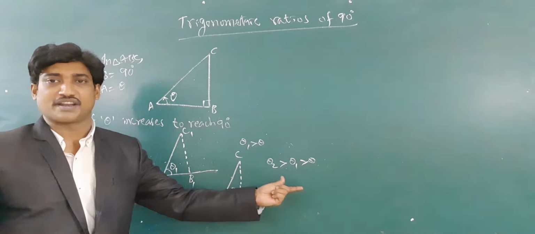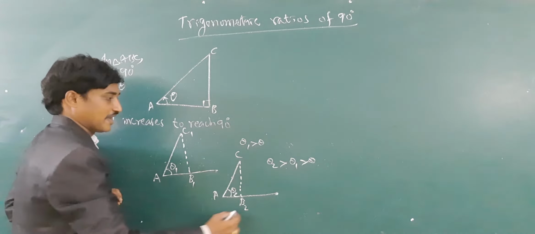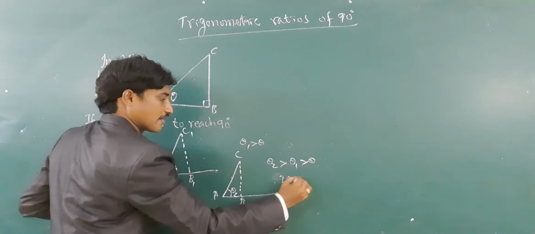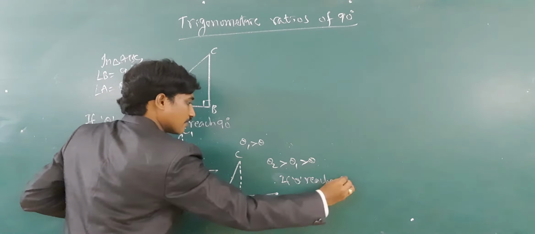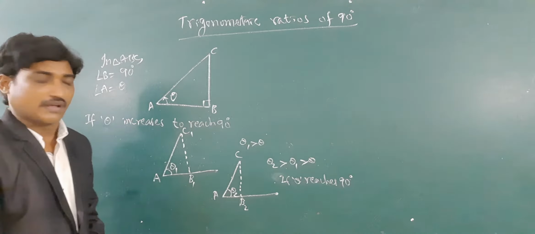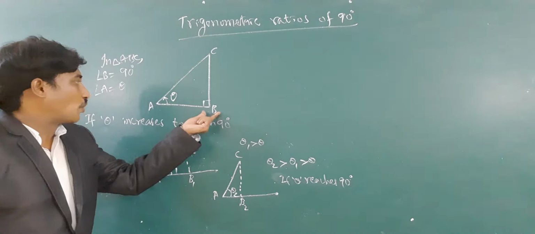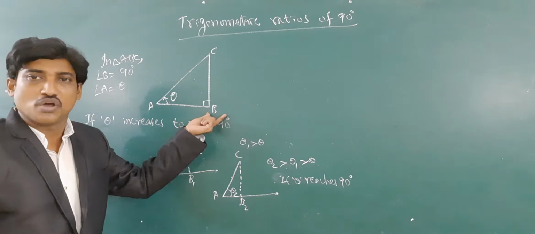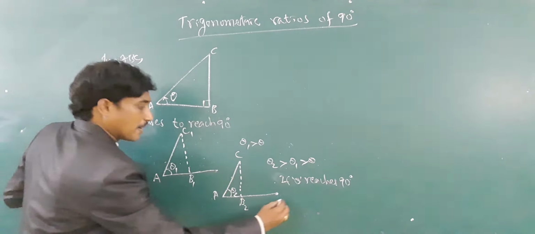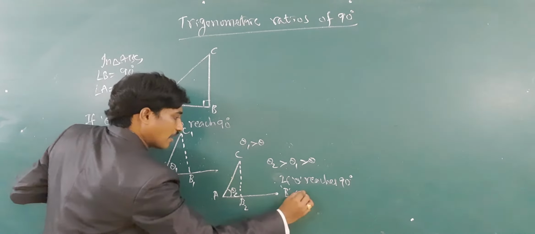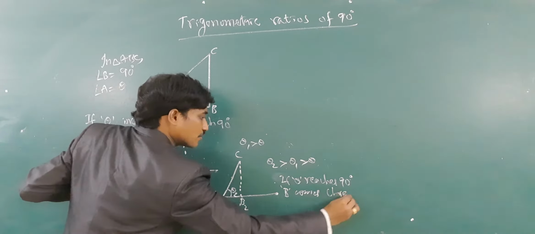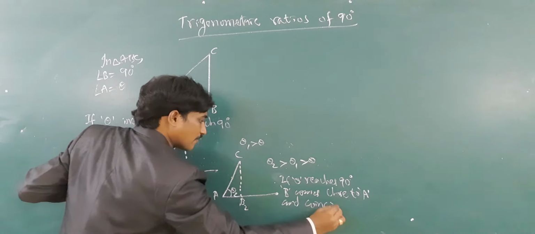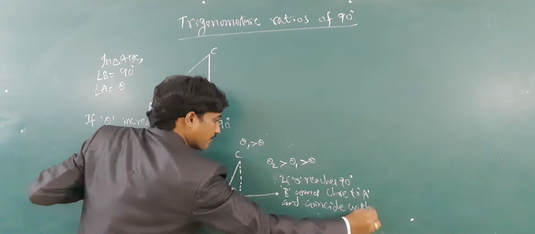If theta reaches 90 degree, then B comes close to A, almost B coincides with A.